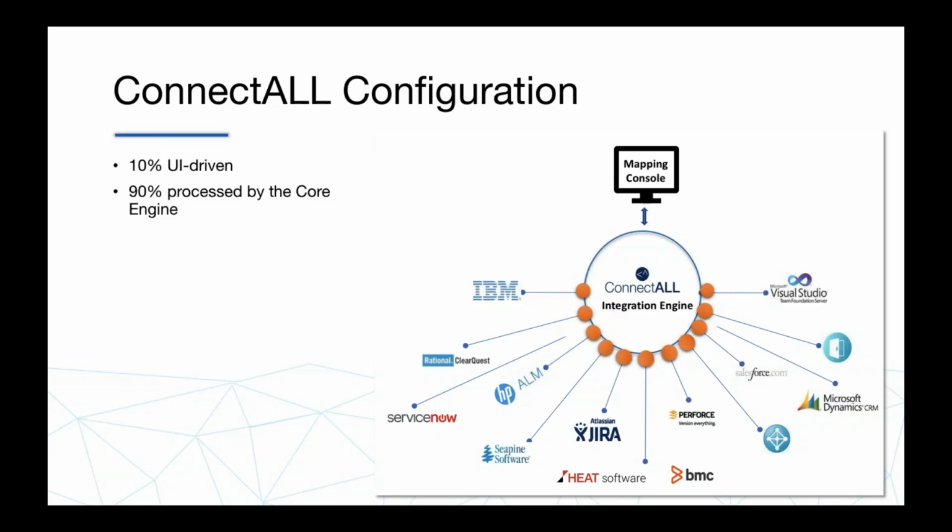It's the one that has the smarts that knows how to synchronize the data between all the different applications. When you install this, you don't have to install anything extra. It includes everything you need except for a small database. You can use MySQL, SQL Server, Oracle, or Postgres, whatever you like. That's basically what we'll use to store the record links, the records that are being synchronized, the IDs of the records.